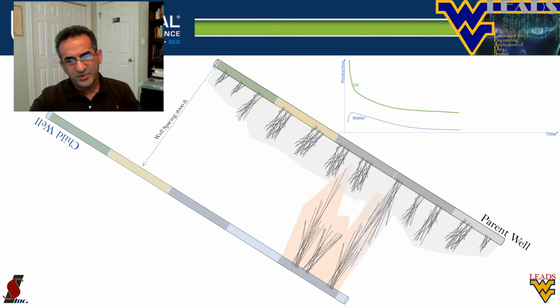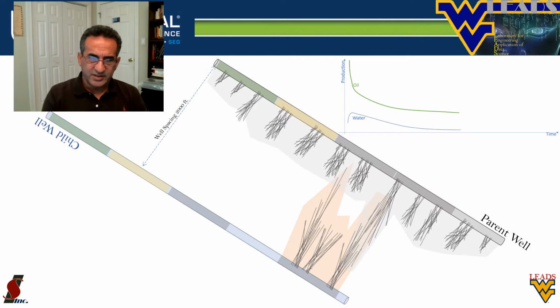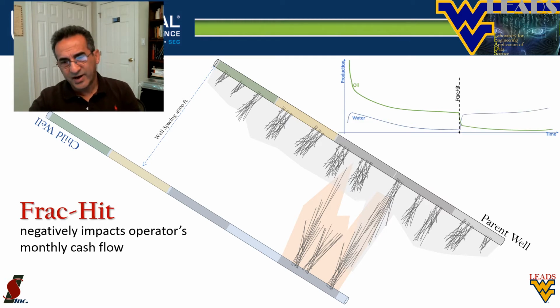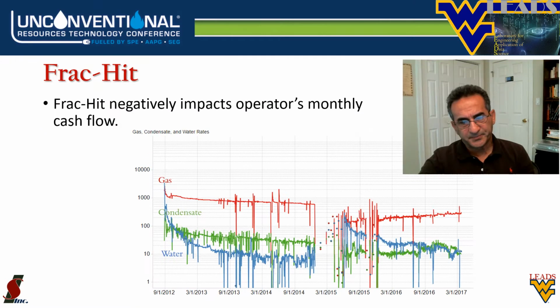And when that happens, if the hydraulic fracture that is taking place in the child well comes and interacts, somehow gets involved with the already hydraulically fractured part of the parent well, then that's where the frac hit takes place. It negatively impacts operators' monthly cash flow, as the operating companies know very well.